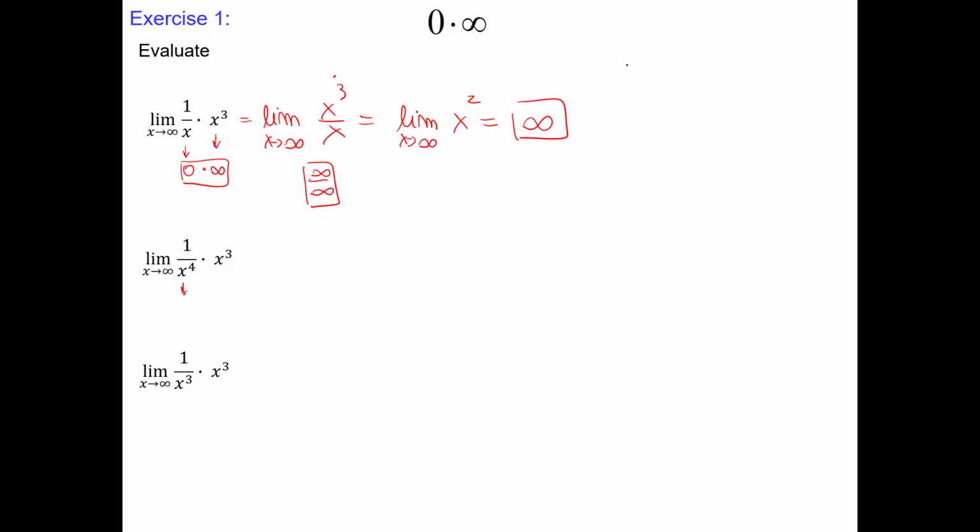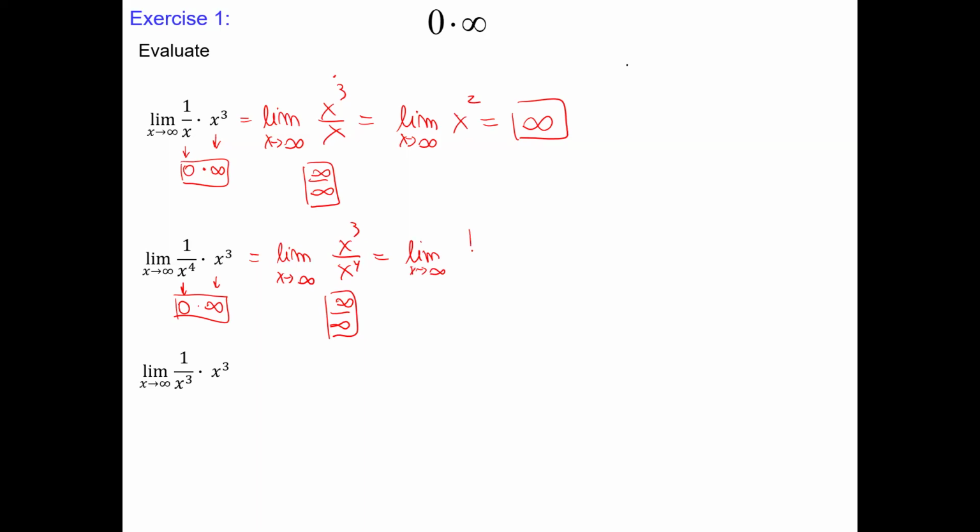Let's look at this one. 1 over a big number is a small number. X cubed at infinity is also infinity, so we have an indeterminate form. But when x goes to infinity, x cubed over x to the power of 4, we did create infinity over infinity, also interesting.